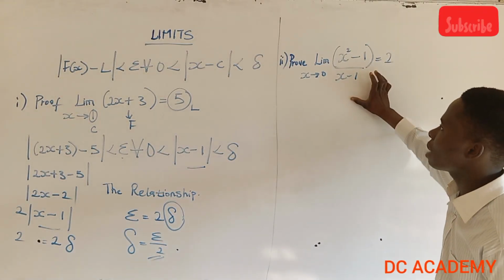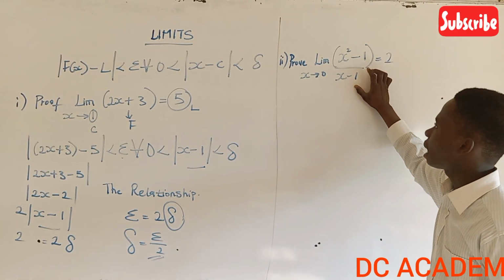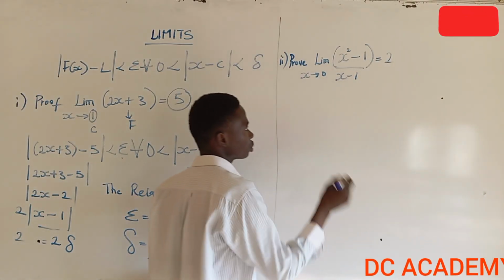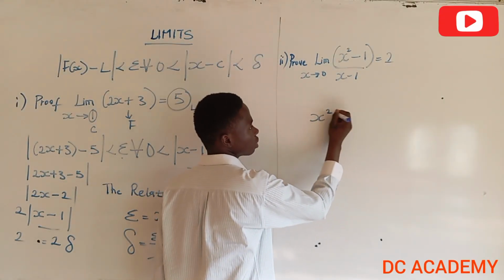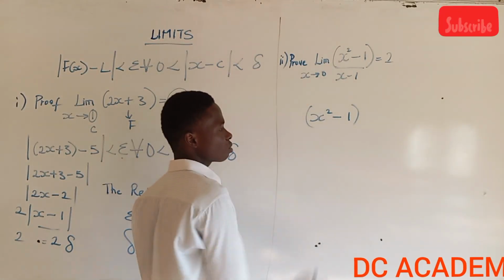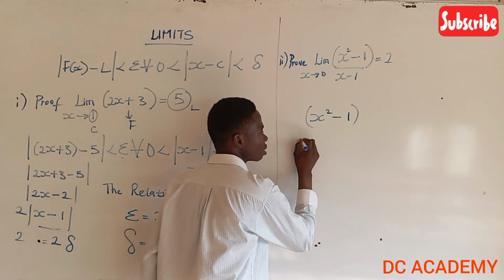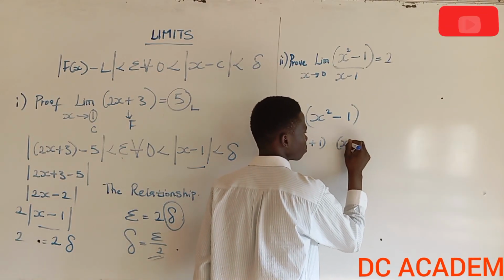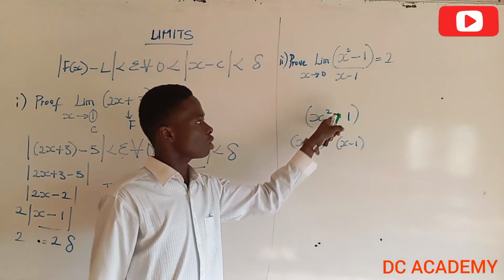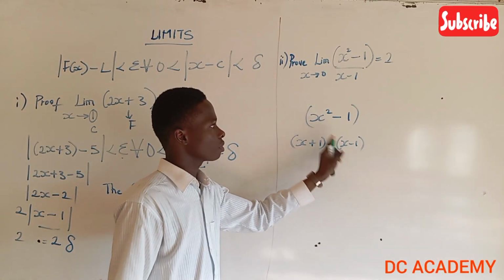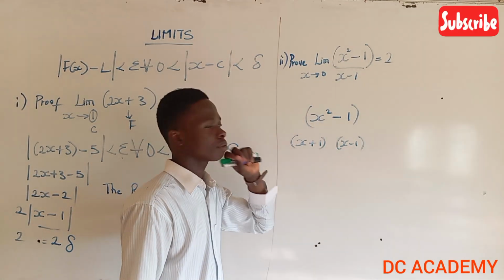Let's expand this, and then we're going to get the function here. Watch. x squared minus 1 like this. When you expand this, it's the same thing as x plus 1 and x minus 1, because if you open two brackets, x gives x, two of them, then minus 1 and plus 1.